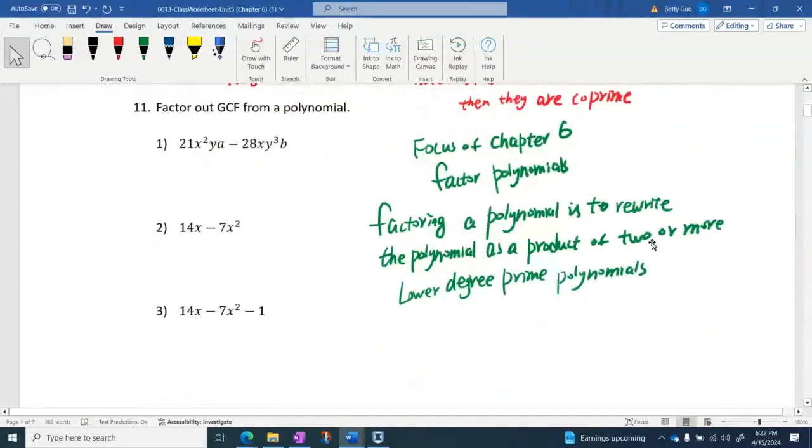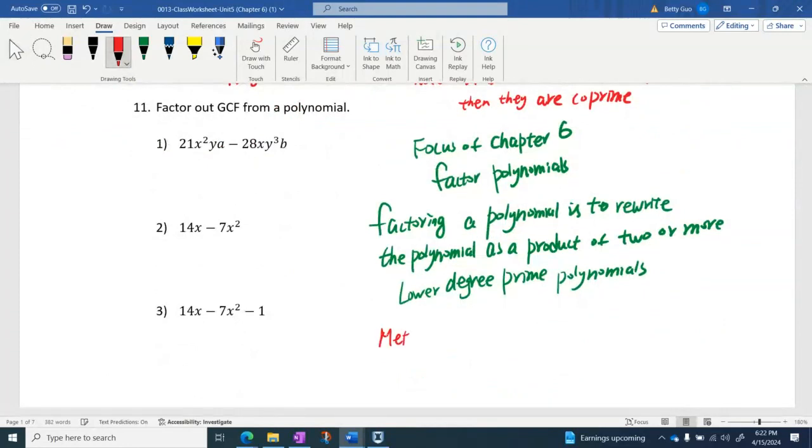So the first method we are going to learn is to factor out the GCF of all the terms in the polynomial.